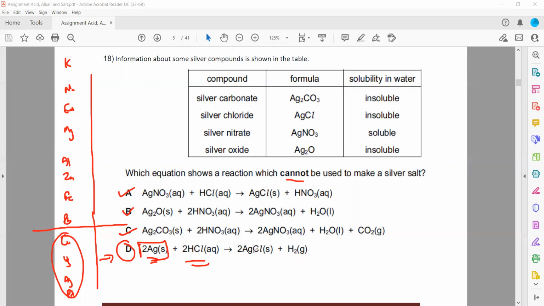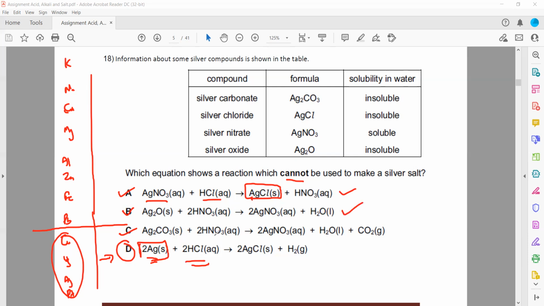If this reaction cannot occur, we cannot use this technique to prepare a salt. The precipitation reaction is a reaction where we mix two solutions, which can be an acid or a salt, or two salts, so that can be done. When metal oxide, like silver oxide, reacts with nitric acid, it gives salt and water, that can be done.